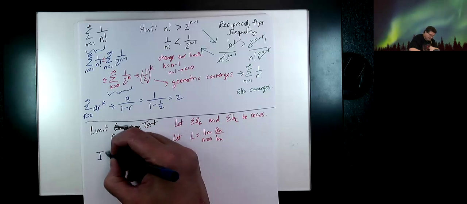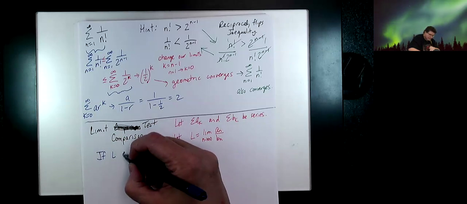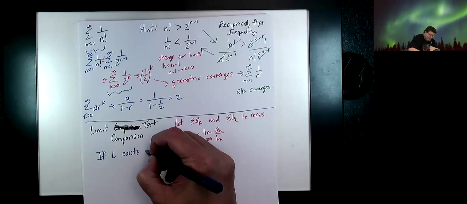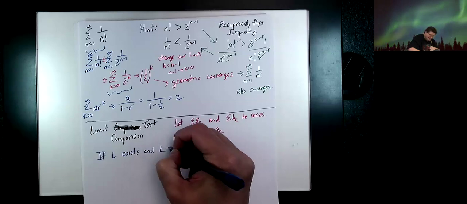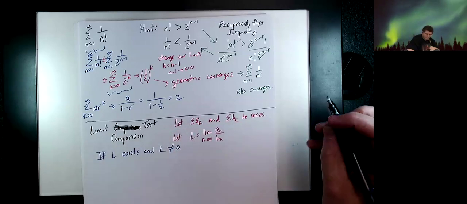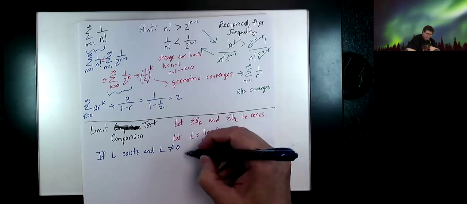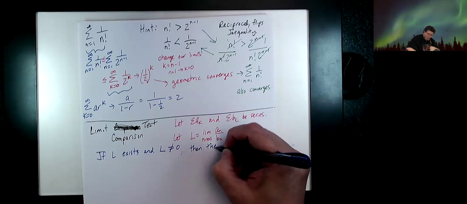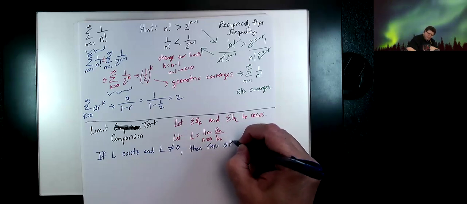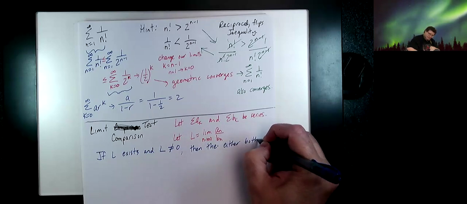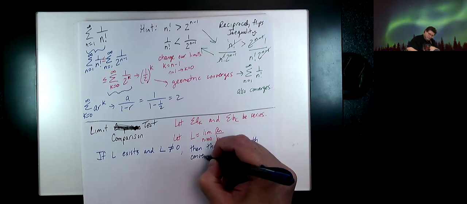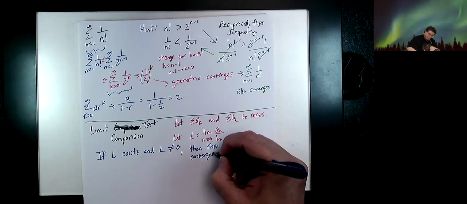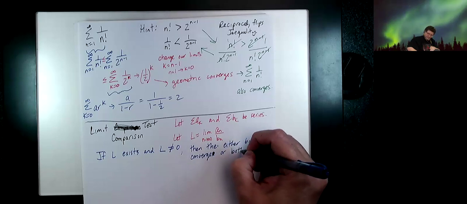If L exists, and L does not equal 0, then they either both converge or both diverge.